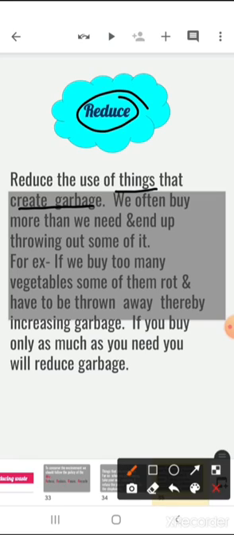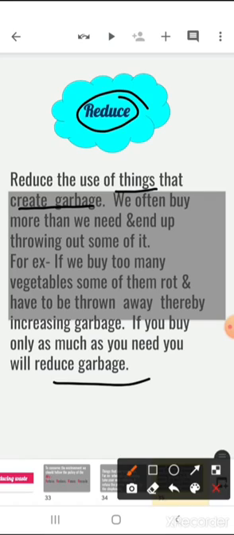For example, if we buy too many vegetables, some of them rot and have to be thrown away, thereby increasing garbage. If you buy only as much as you need, you will reduce the garbage.